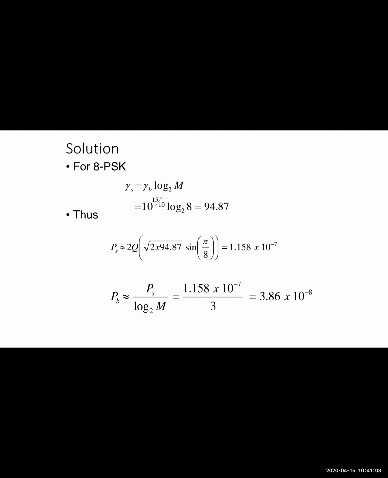It means that, let's say, a fixed energy per bit that we have, that's 15 dB, the minimum error we can find per bit is 3.86 times 10 to the power minus 8.